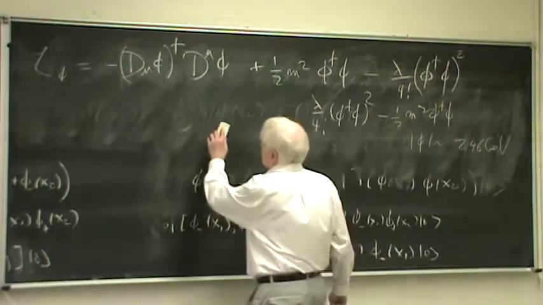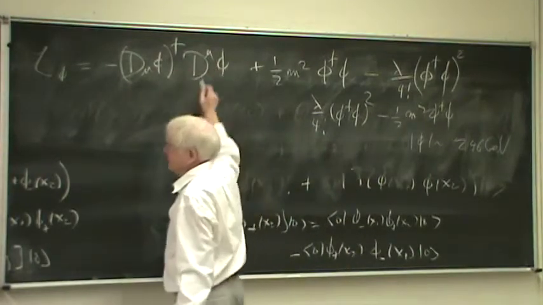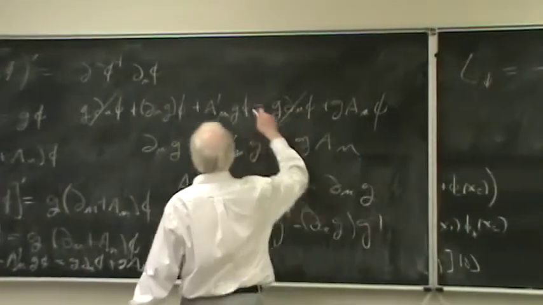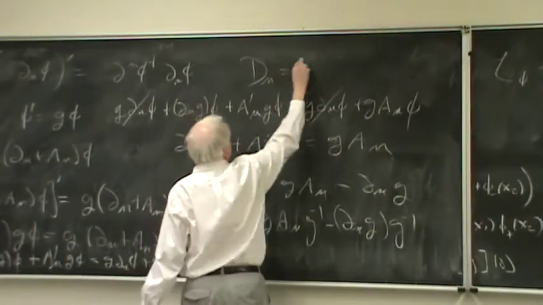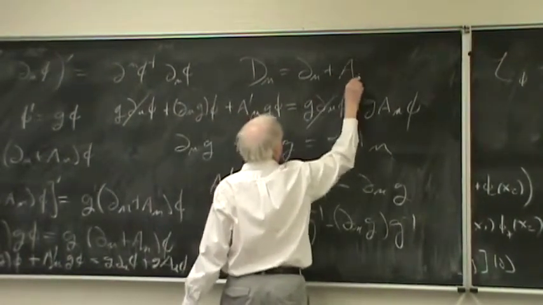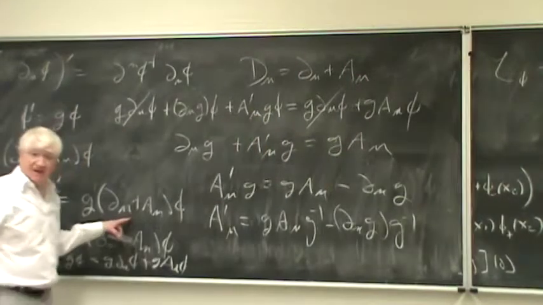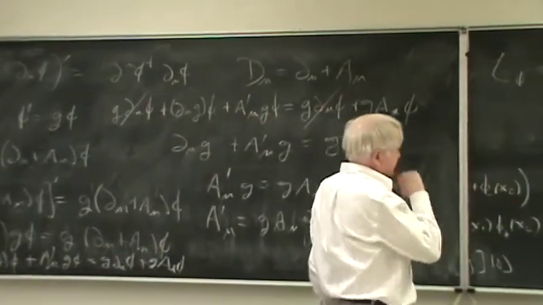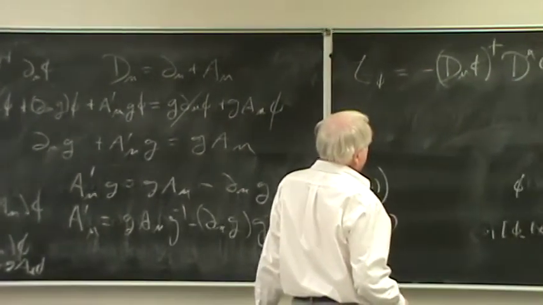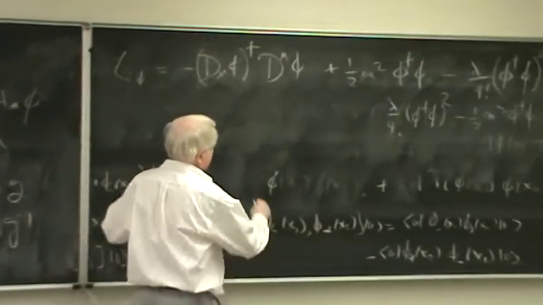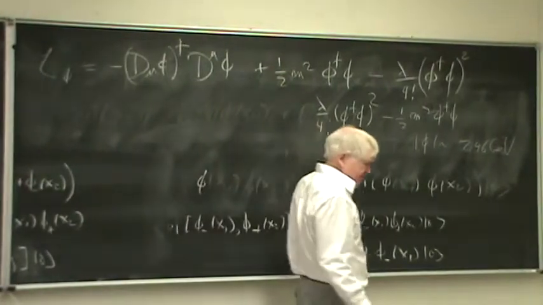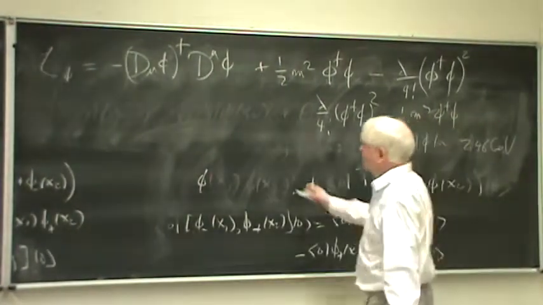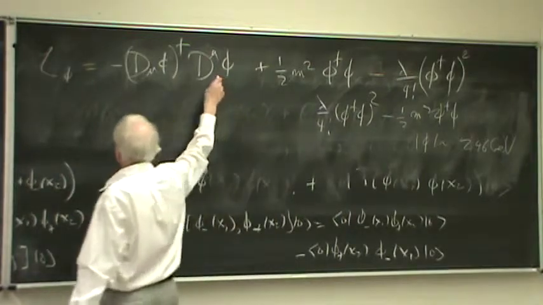All right, but now notice what's happened here. When I wrote big D mu, it's d mu plus A mu. That's this D mu, again. And so now, suppose we just ignore everything except the mean value in the vacuum and just look at this term here.